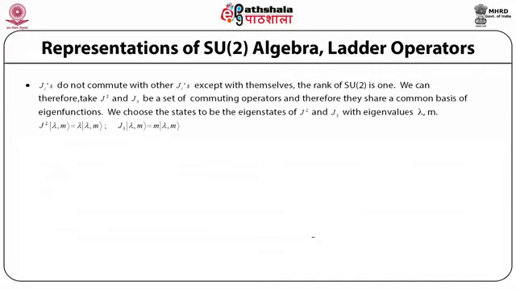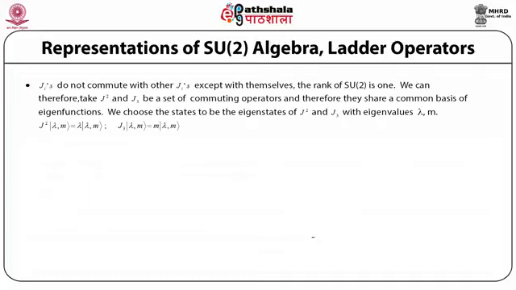So we represent an eigenstate of J² and J3 by specifying two numbers, lambda and m, such that J² acting on |lambda, m⟩ projects the eigenvalue of J², which is lambda. So J² acting on |lambda, m⟩ is lambda times |lambda, m⟩, and J3 acting on |lambda, m⟩ projects the value m.